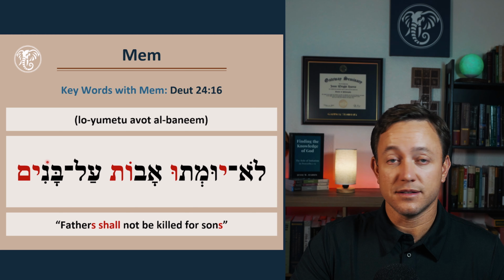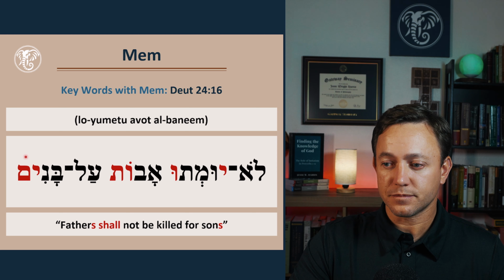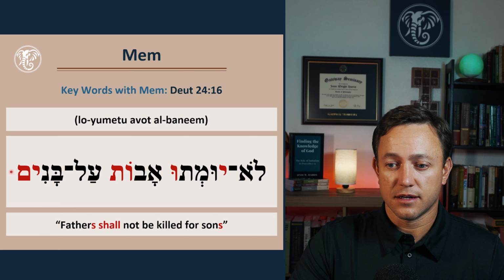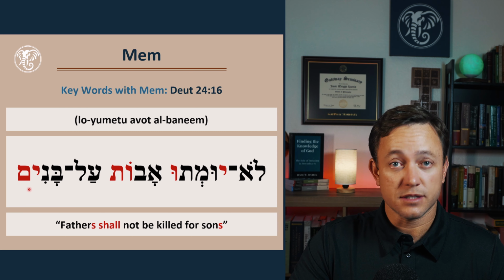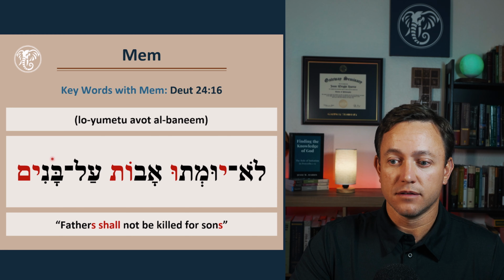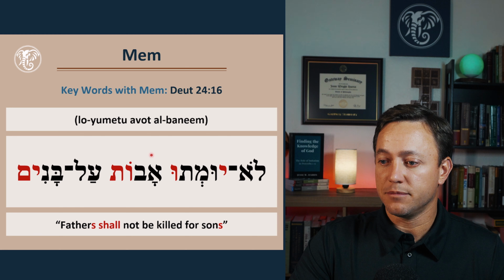So ben is son, and then this im is plural, banim. Now, one thing just briefly here is this ending, im, we've seen quite a bit for plural, as in the word Elohim and so on. And this is the normal plural ending for a masculine word like ben, son. So son is ben, but banim is plural, sons.